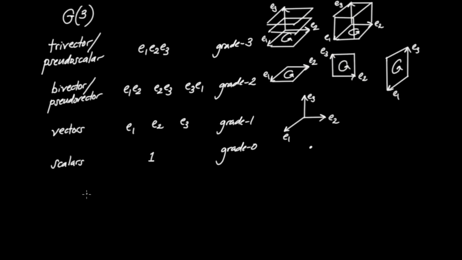For example, if I have 2 vectors, let's say u and v, I take the geometric product uv. What happens there? Well, you get a scalar part, a grade 0 part, u dot v, and then you get a grade 2 part, which is u wedge v. So when you multiply a vector by a vector, you get a grade 0 part and a grade 2 part. So that case is covered.